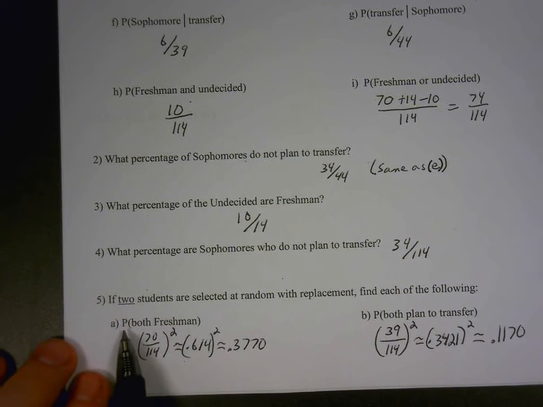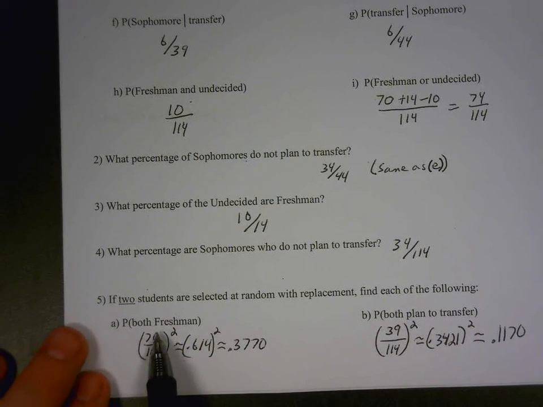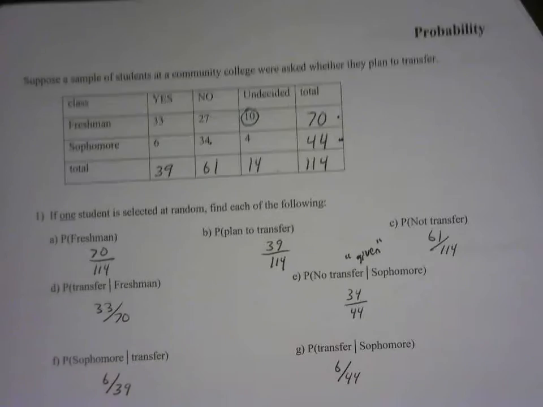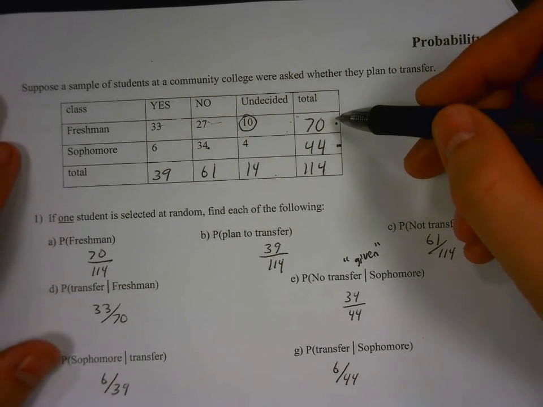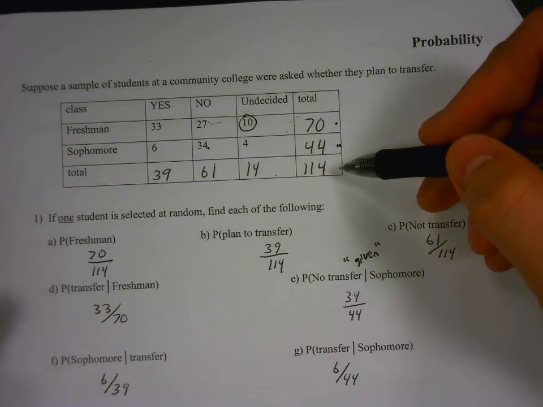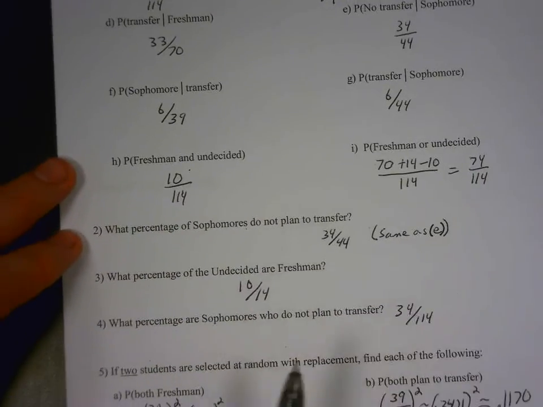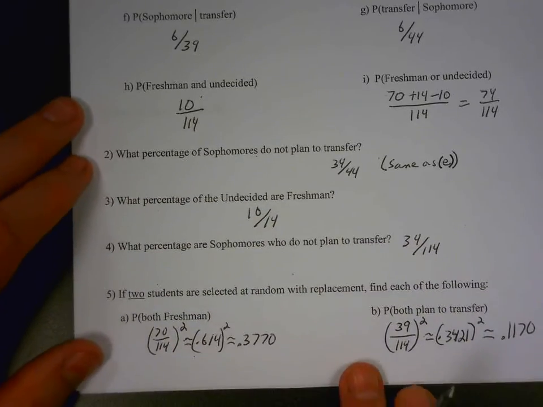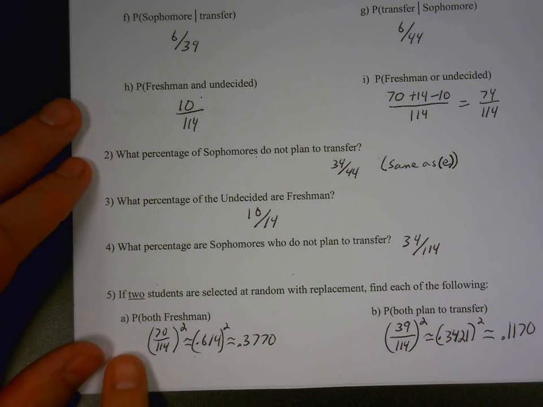So find the probability that both of them are freshmen. So you need to get a freshman on both draws. So the probability of the first one is a freshman. Well, there's 70 out of 114, and you need to do that twice. So you'd have 70 out of 114 times 70 out of 114, which is the same as squaring 70 out of 114.